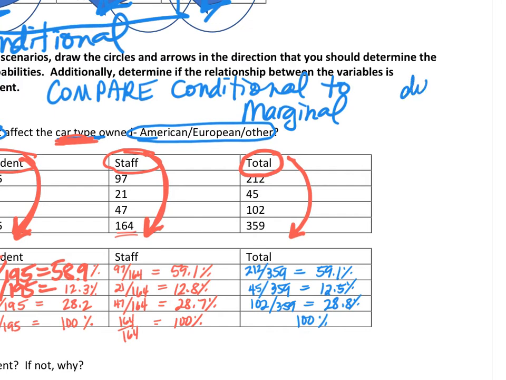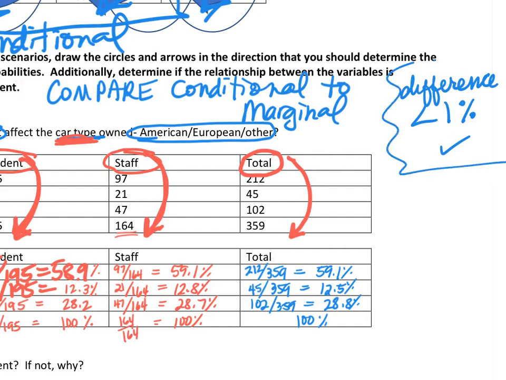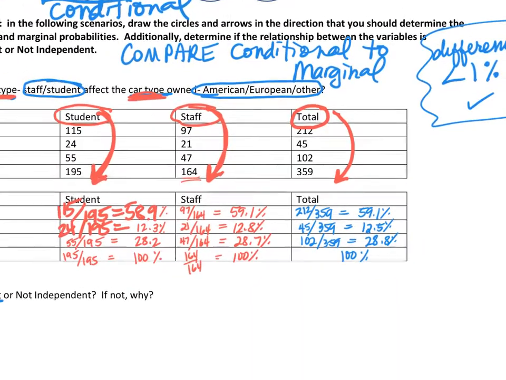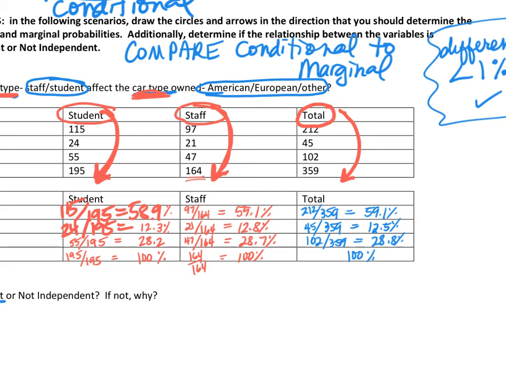If the difference is less than 1 percentage point, then you're going to consider that the same amount, because with certain fractions, you just can't have the exact same amount. But if they are within 1 decimal of each other, then we are saying that is close enough to be considered the same.